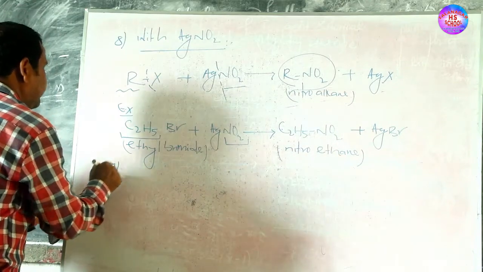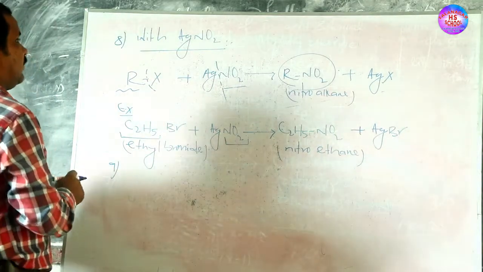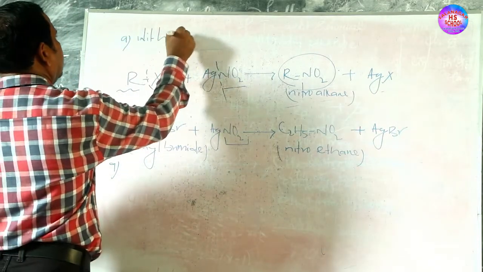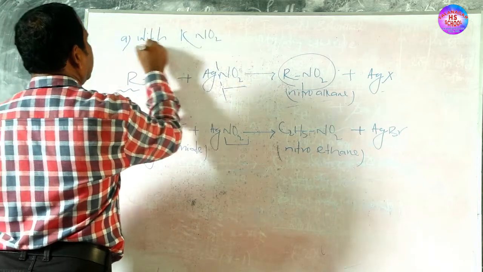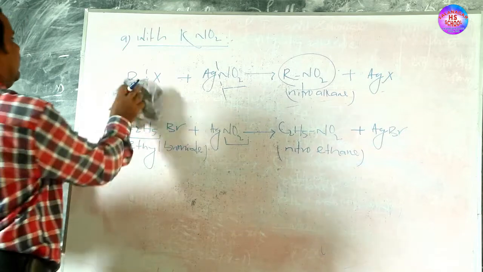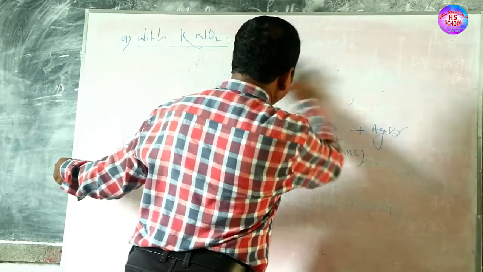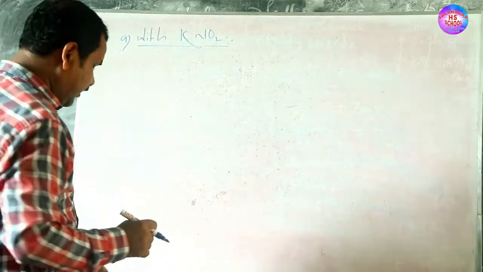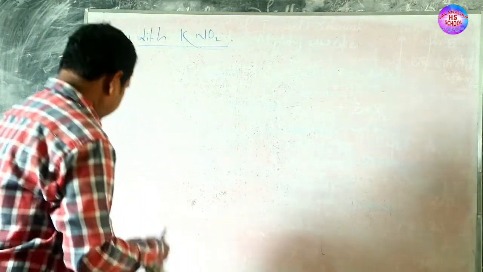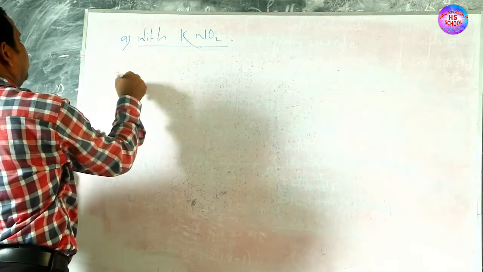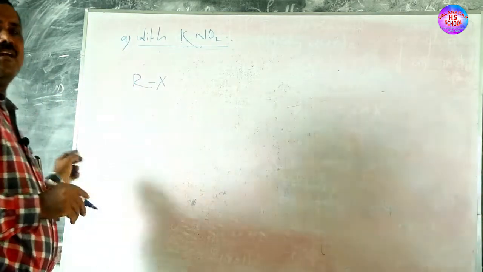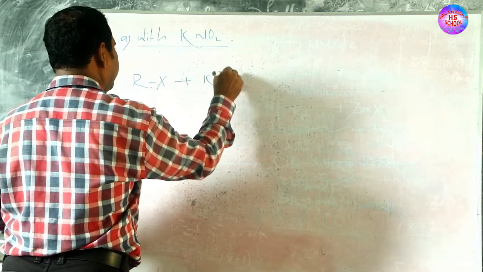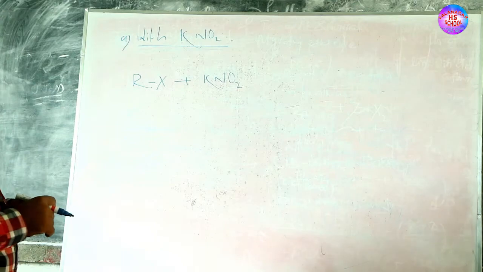Number 9, the reaction with potassium nitrite, KNO2. However, we get a different product. RX is your alkyl halide plus KNO2, potassium nitrite.